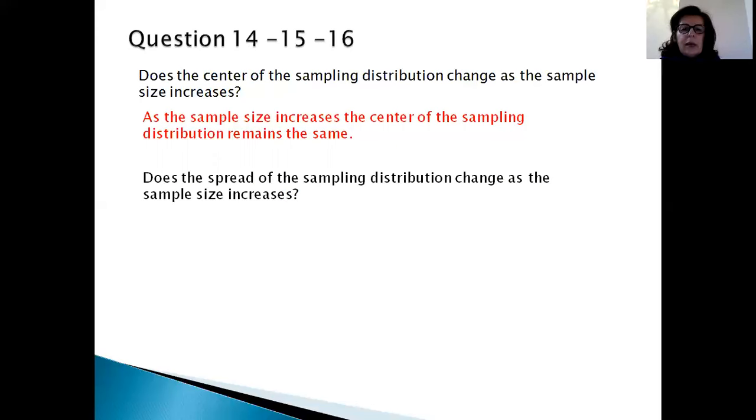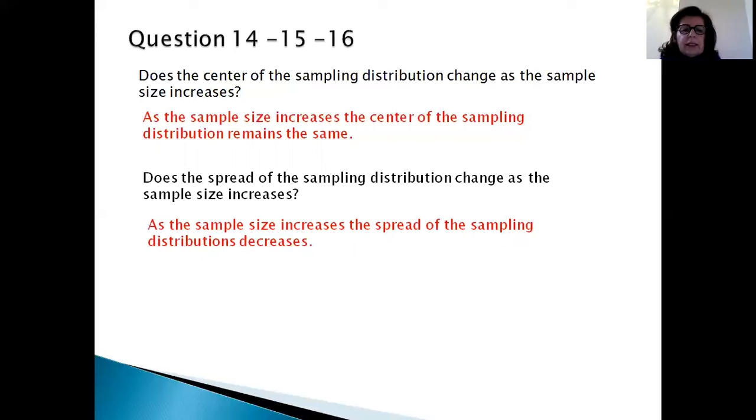Does the spread of the sampling distribution change as the sample size increases? Well, we have been calculating the spread of the sampling distribution, which is its standard deviation, whenever the sample size changes. So we definitely know that spread is going to change, but in which way? Decrease or increase?